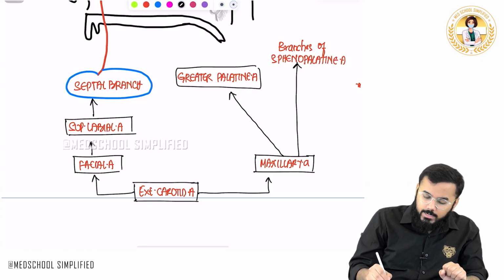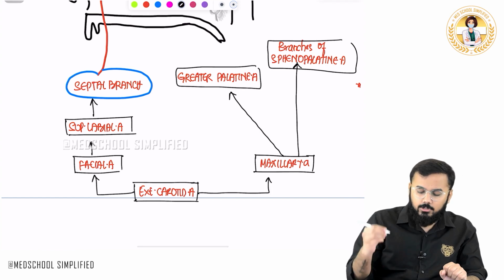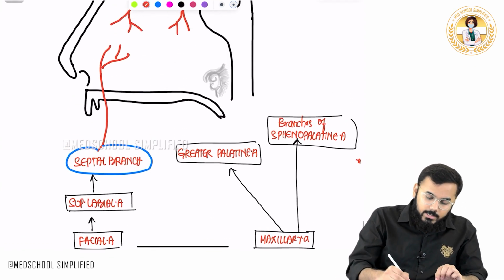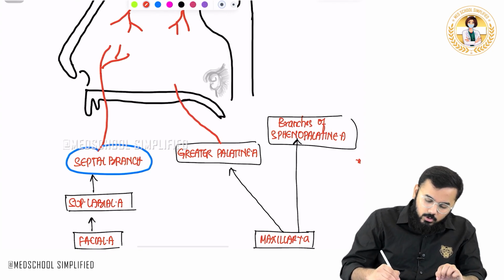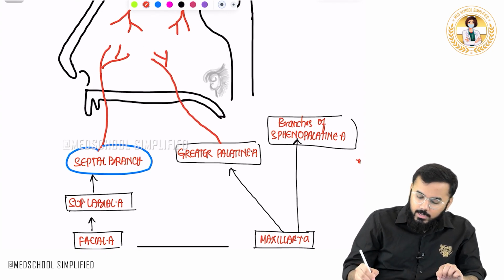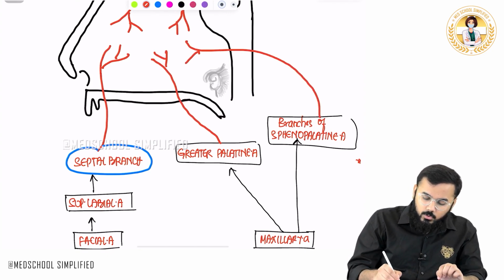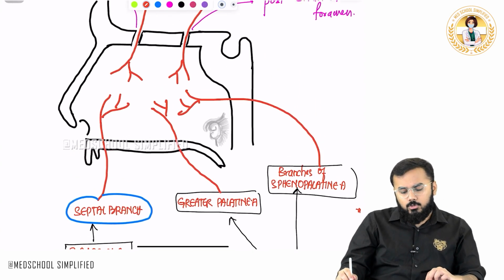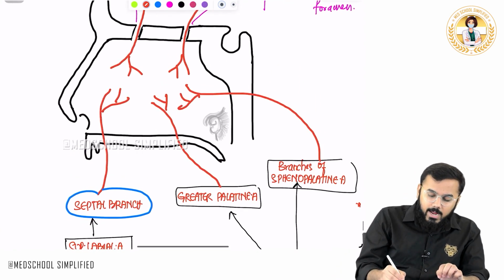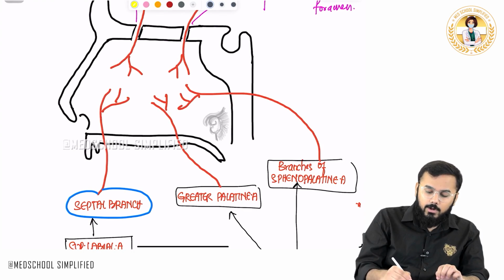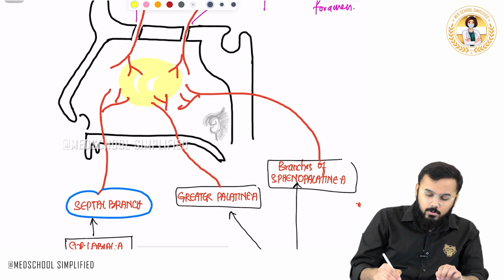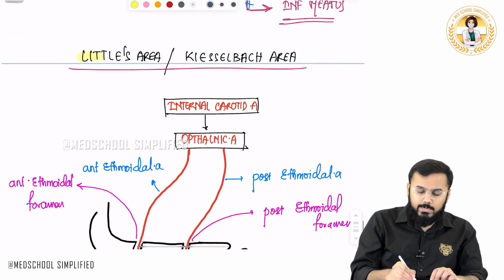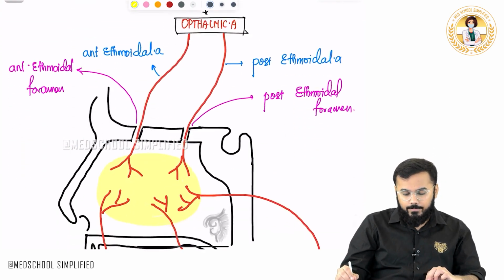So one is the greater palatine, another is the branches of sphenopalatine. This greater palatine artery goes all the way and supplies here, and this sphenopalatine artery is also going all the way and supplying here. So all of these branches together join and form a plexus. This plexus is nothing but your Little's area or Kiesselbach area, right?